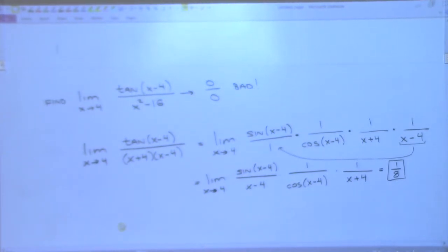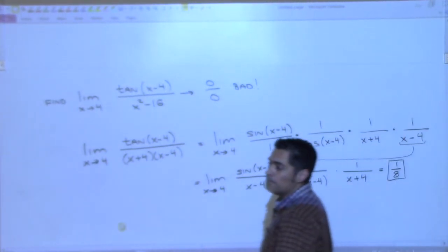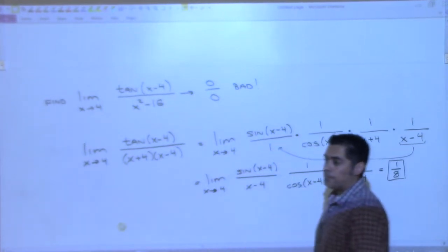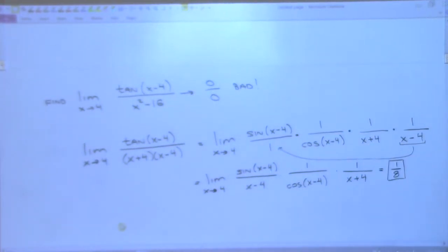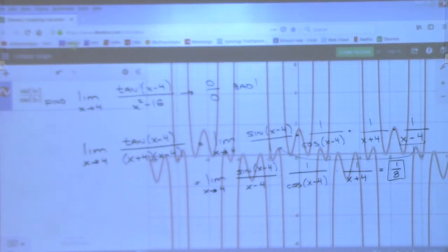Yes? So you said that on Canvas you provided some formulas and stuff. Do you have the identities so you can start memorizing them again on there? Okay, so in Canvas, let me take you there.